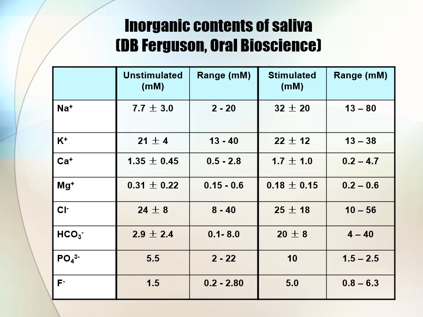The electrolyte that increases between those two is sodium. Sodium will be increased from unstimulated saliva to stimulated saliva. What else will be increased is bicarbonate, phosphate, and fluoride. When you have time, you can look at this table and compare the difference between the concentrations of electrolytes in stimulated saliva and unstimulated saliva.